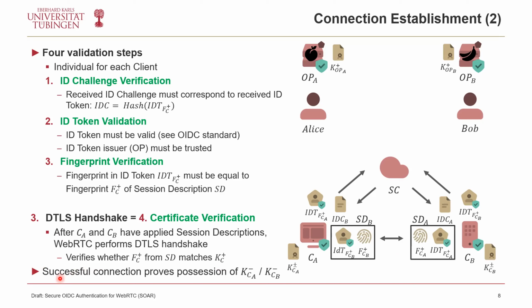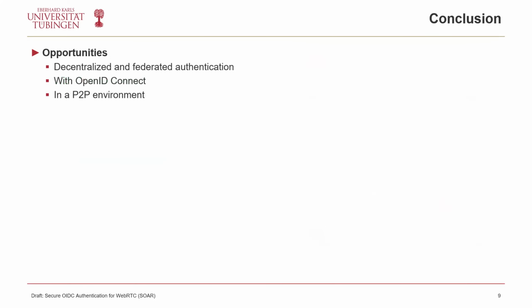So after that, the connection will be established, and that is implicitly the proof that the remote client owns the private key. And so the identity provided in the ID token seems to be valid. So to come to a conclusion, why should we do this?